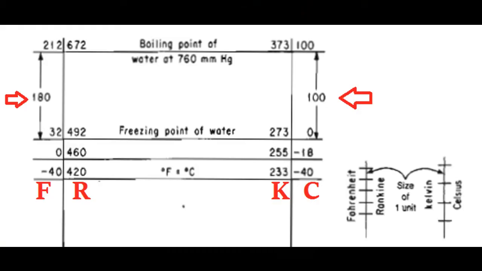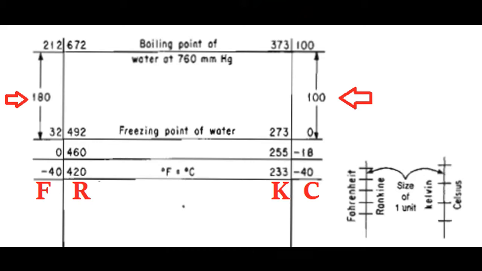So what we observe here is delta. When you have delta Kelvin, what is the difference here? 100, 373, 180. 212 minus 32 is 180. So up to here, here also.